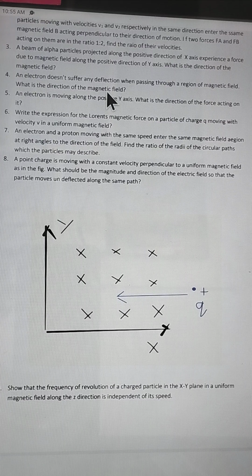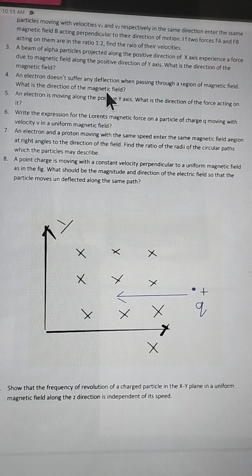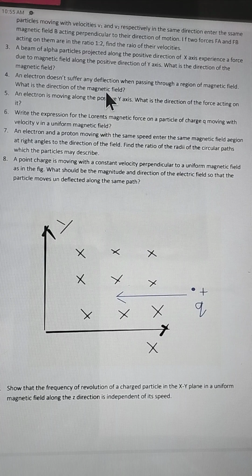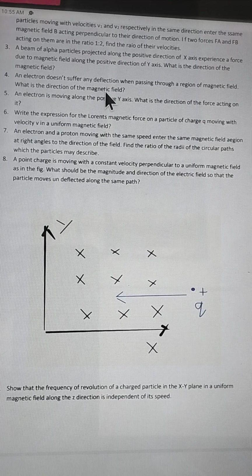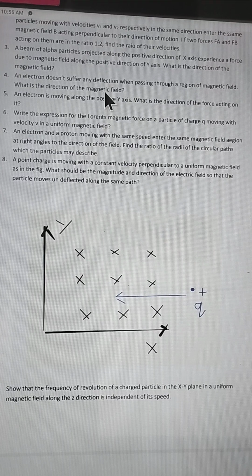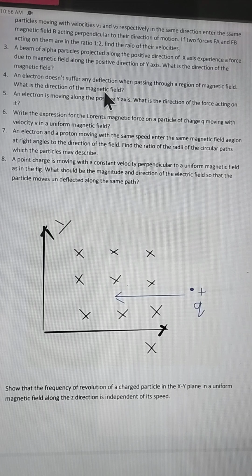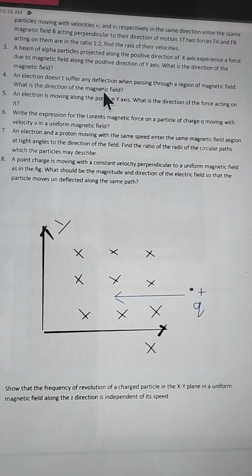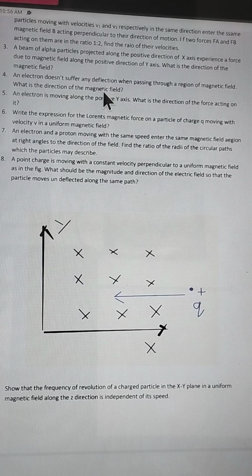We know if a charge is moving either parallel or anti-parallel to the magnetic field, then it suffers no deflection. Then the force experienced on the charged particle is zero. So here this is the case.